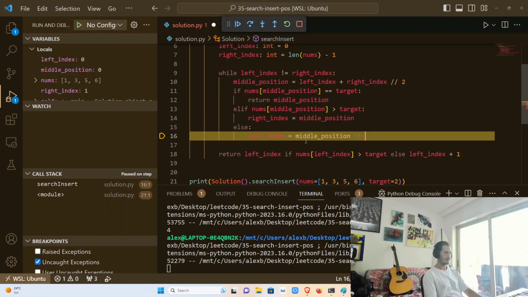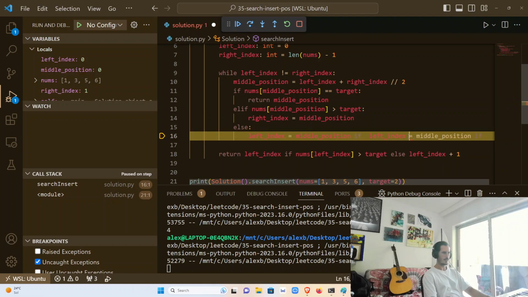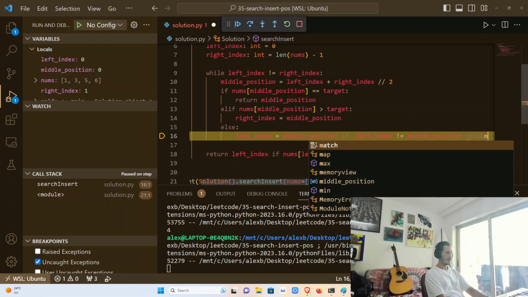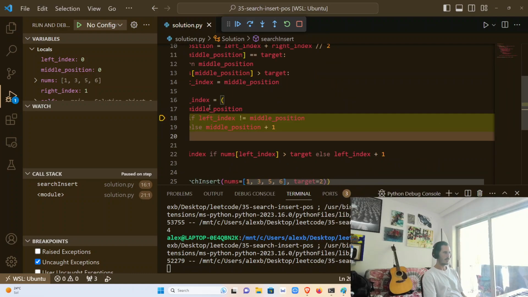I think I'm going to do that thing where, if it's equal, if left index is different from middle position, else middle position plus 1.